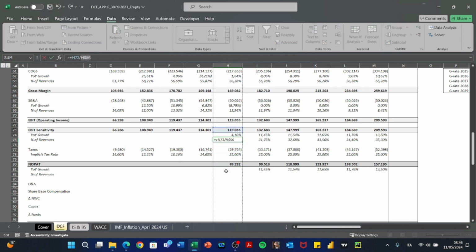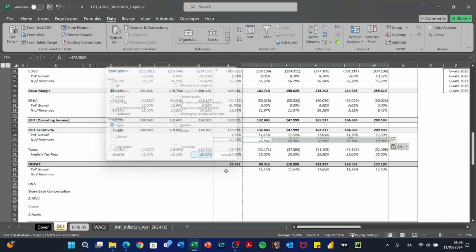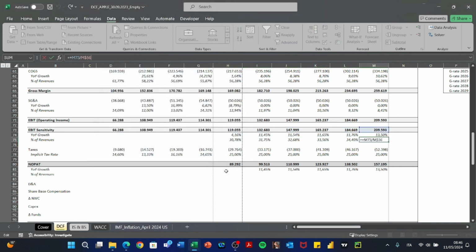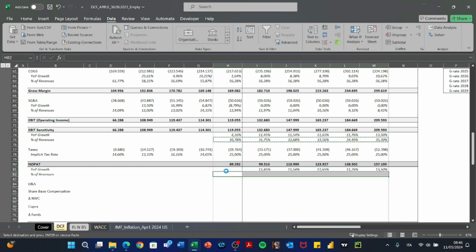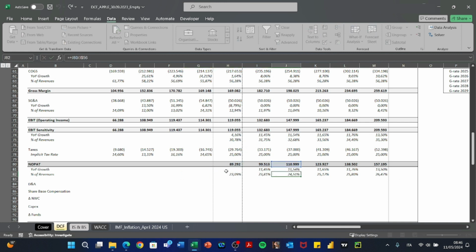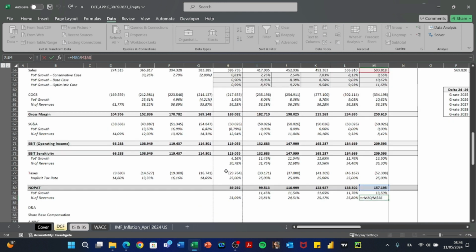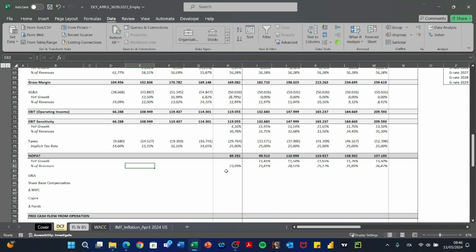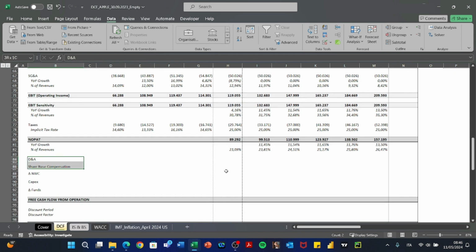And let's lock all of the rows. Perfect. And let's compute the incidence over the revenues. Perfect. Okay. So about the D&A, the change in net working capital, the CapEx, and the funds.